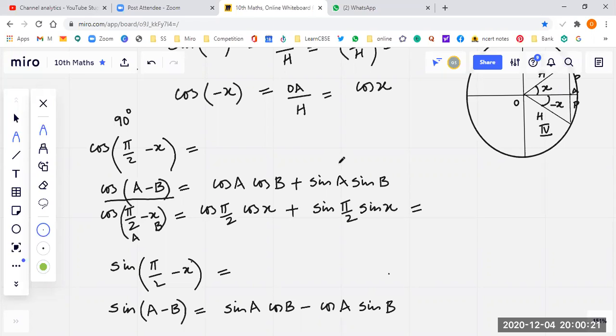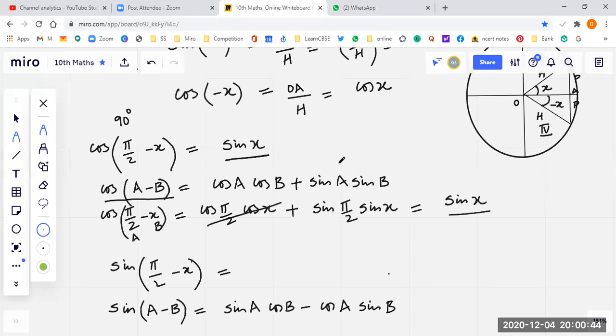Right. Now cos pi by 2 is 0, so this term cancels out. Now sine pi by 2 is 1. So cos of pi by 2 minus x becomes equal to sine x.